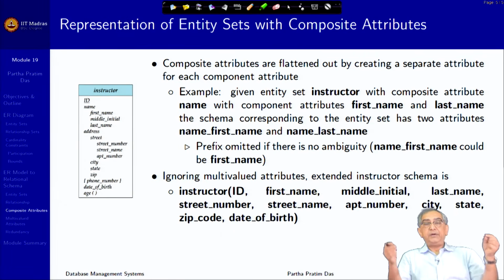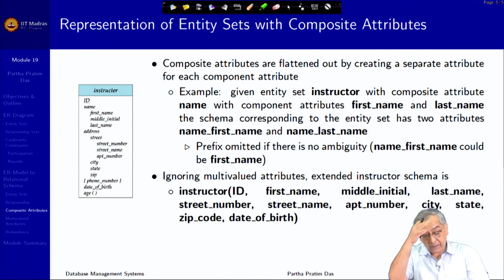Then you define a relationship between these two. It could be something like that, but typically what you will do is flatten. If I have done that in the instructor design, just ignoring the multi-valued facet of the phone number, you will see that we have the relational schema designed here.